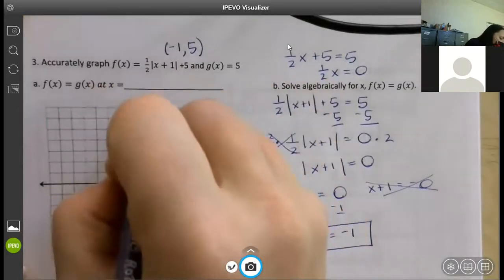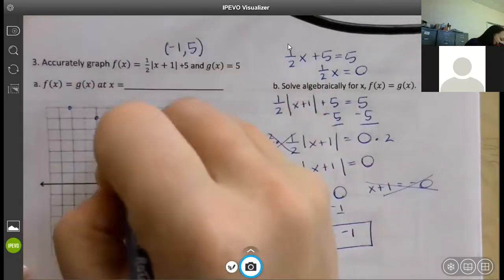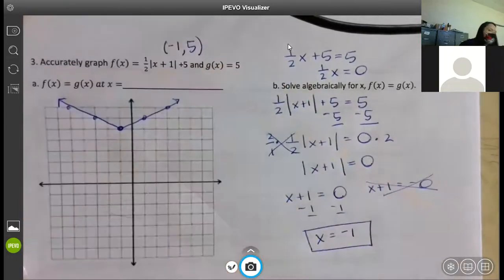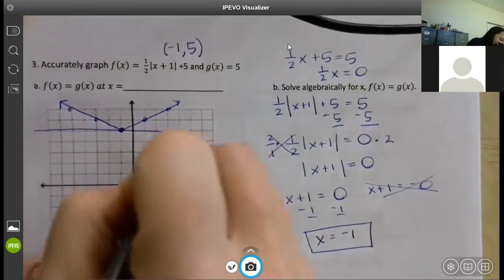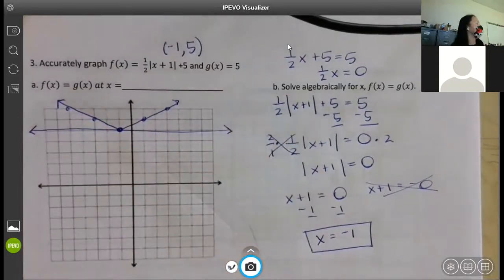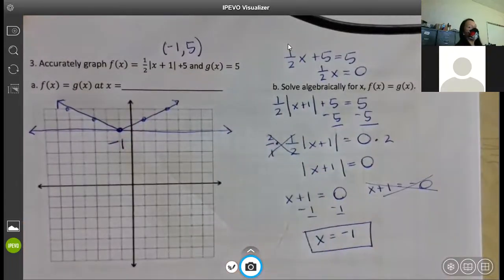Then we're going to go up 1/2. So it looks like this. Our g of x is 5. Look at where it crosses. So now you know why it only has one solution. It's because it only touches the vertex. And that x coordinate is negative 1.